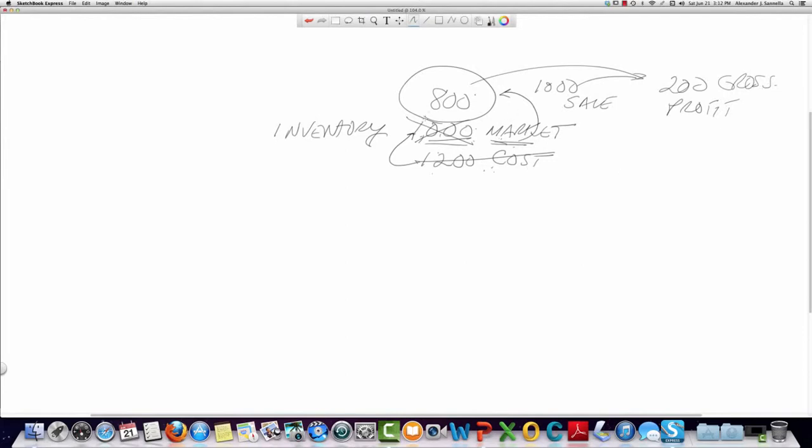So if you are over conservative, it is just as inappropriate as being overly optimistic. By reporting inventory at 800 when its market value is 1,000, it allows you to release profit later on when you sell it. Sometimes these are called hidden reserves.